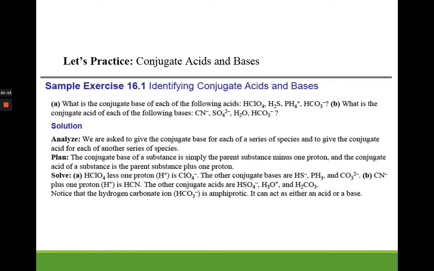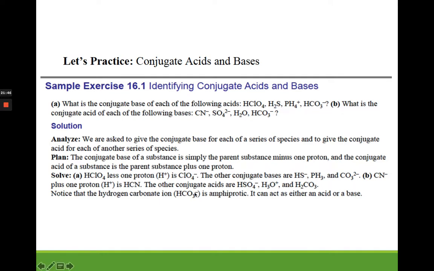So we are asked to give the conjugate base for each of a series of species and to give the conjugate acid for each of the other series. Take note that the conjugate base of a substance is simply the parent substance minus one proton, just like what we did with perchloric acid. And the conjugate acid of a substance is the parent substance plus one proton, just like what we did with CN minus.